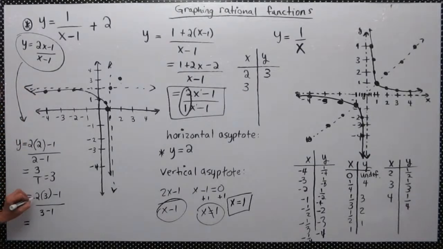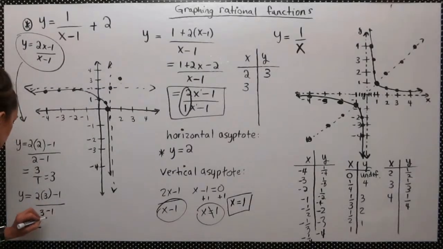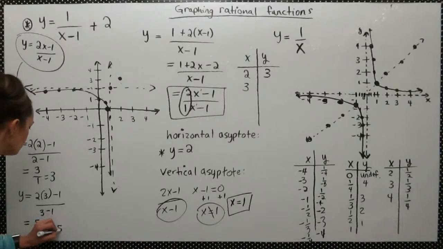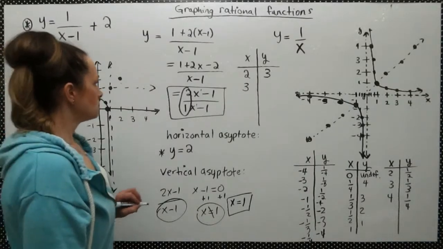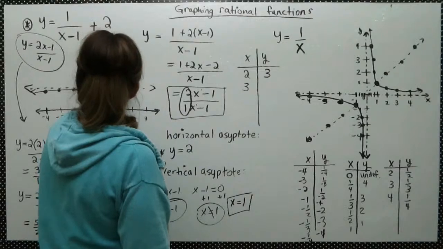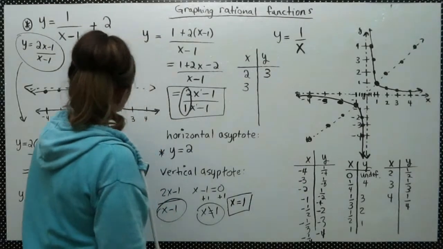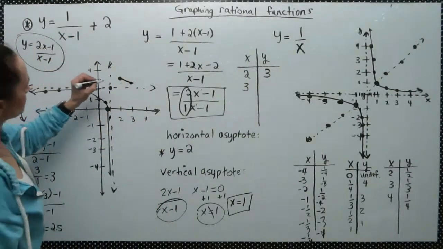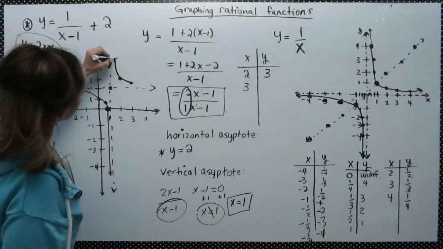So this is going to be 2 times 3 is 6, minus 1 is 5, and 3 minus 1 is 2. So this is going to be 5 over 2. That's 2.5. So at 3, we're at 2.5. So we've got this thing going on. I suspect it's going to be doing this.